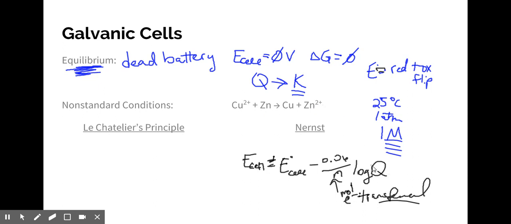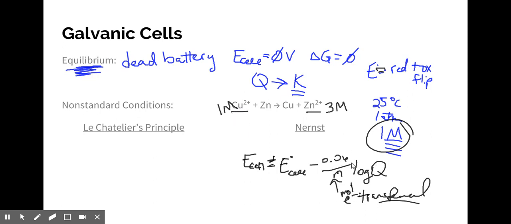Q, how I find it is I plug in the concentrations of my products divided by my reactants. So notice how I'm only working with the things that have ions because those are the things that are concentrated. So let's say, for instance, that I've changed zinc to 3 molar. You see how it's no longer 1 molar. And I've kept copper at 1 molar.